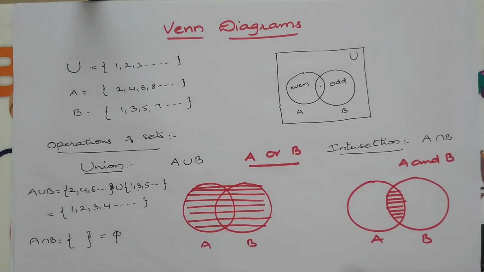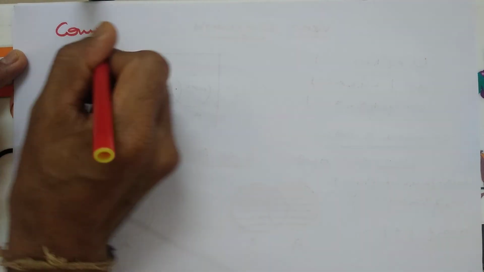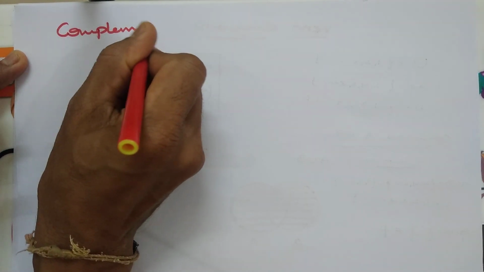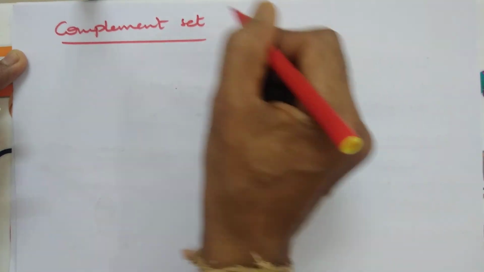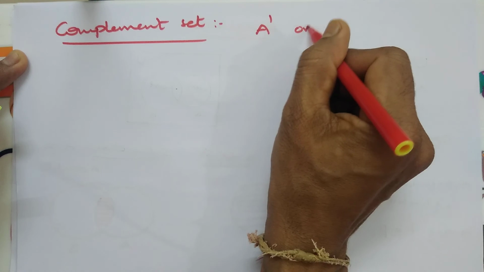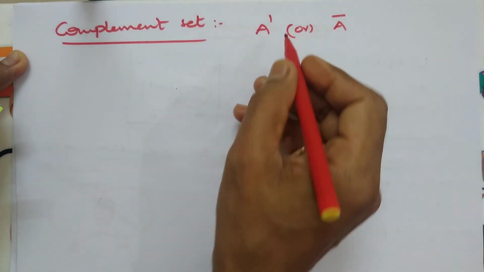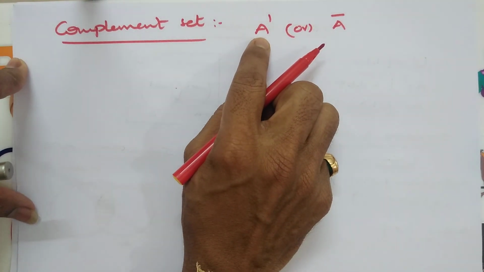Okay. Now I am going to explain the complement set. Complement set is denoted by A complement, or we can also denote it as A bar, but in your textbook it will be mentioned only as A dash.